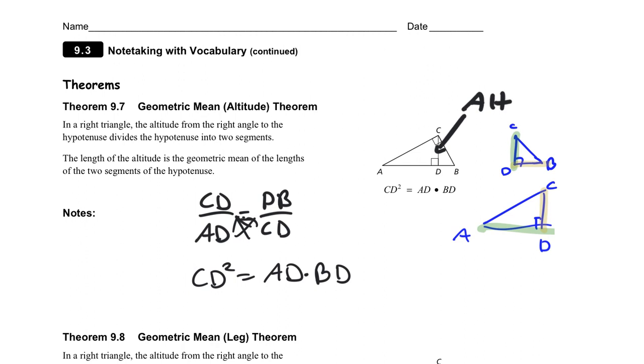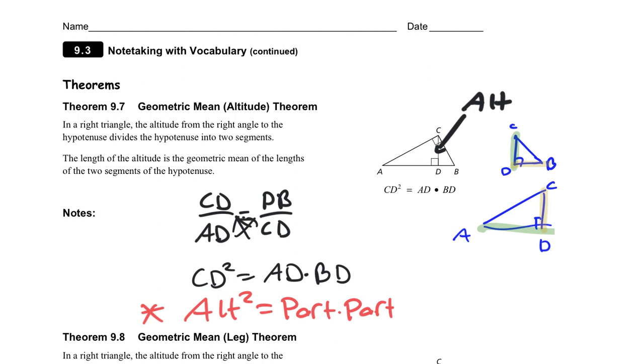So what does this mean? This means, if you want to put it down to regular language, here's the key: your altitude squared is equal to the two parts of your hypotenuse multiplied together. What I mean about parts, let's look. If I look at AD and BD, and I look at my altitude in this specific question here, so here is my altitude. My altitude cuts my hypotenuse into two parts.